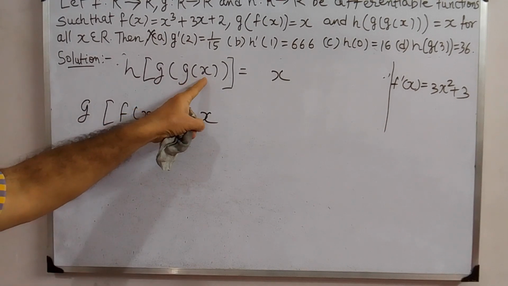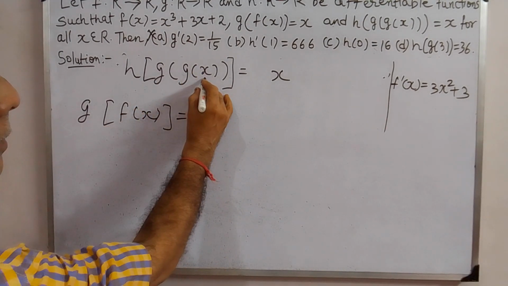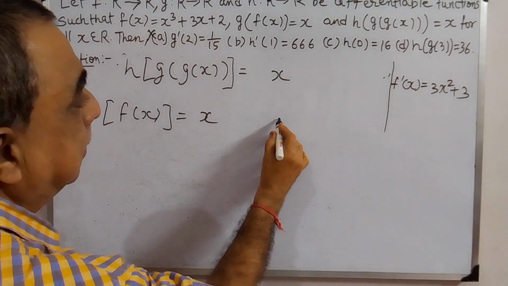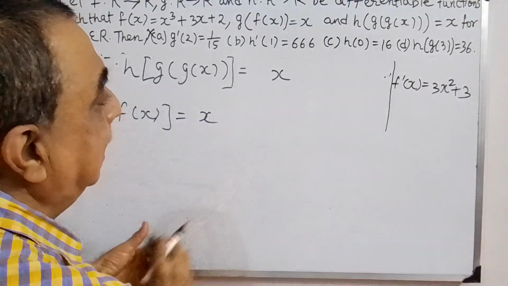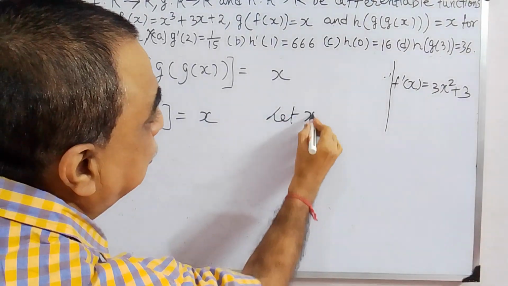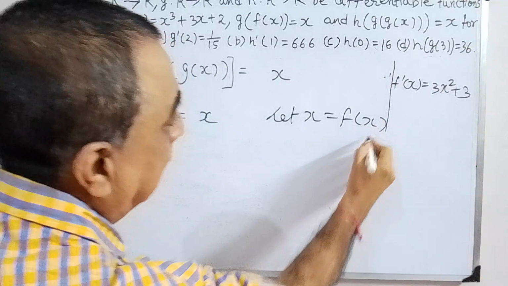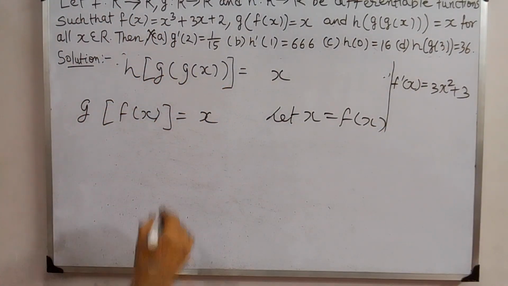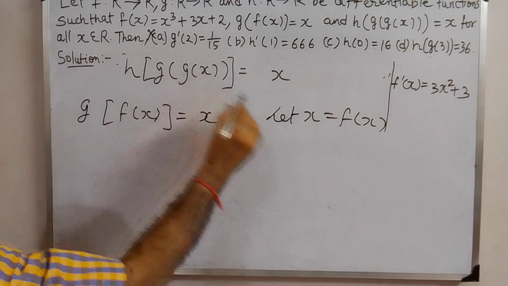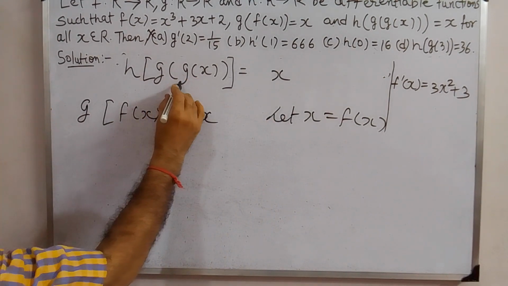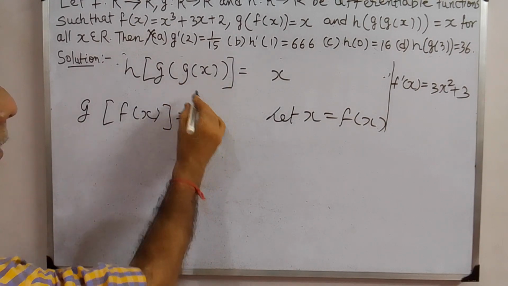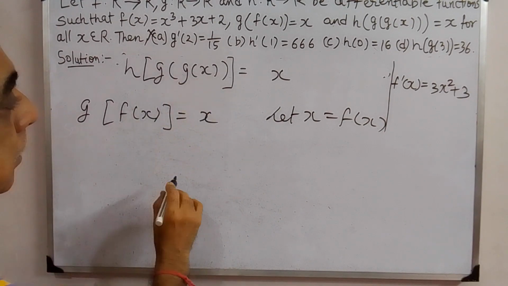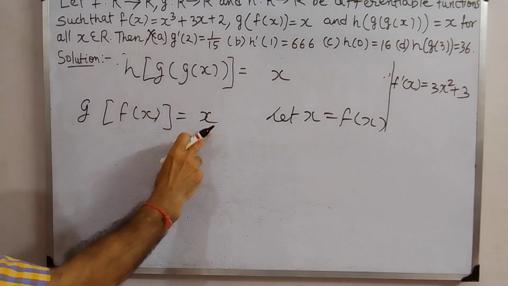So if I substitute in place of x, let x equal f(x) in this equation. So what will I have here? For x, if I substitute f(x), this will become g of f(x), and g of f(x) is equal to x.